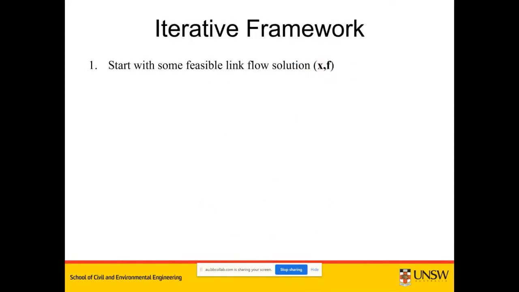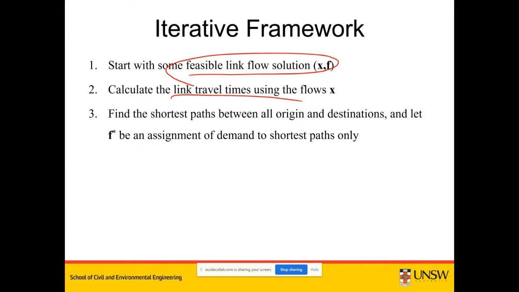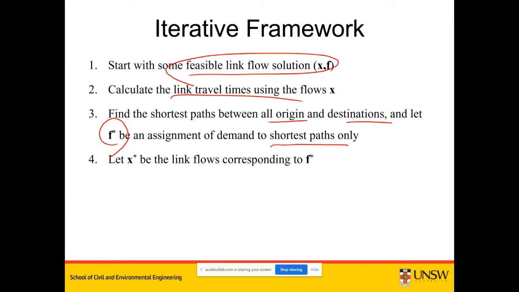So the general framework here is that you start with some feasible link flow solution. You calculate link travel times, and then you find the shortest paths between all origins and destinations. And then F star is defined as an assignment of the demand to the shortest path only. And when you assign the demand to the shortest path from each origin destination, then you actually get X star, which is the link volume.